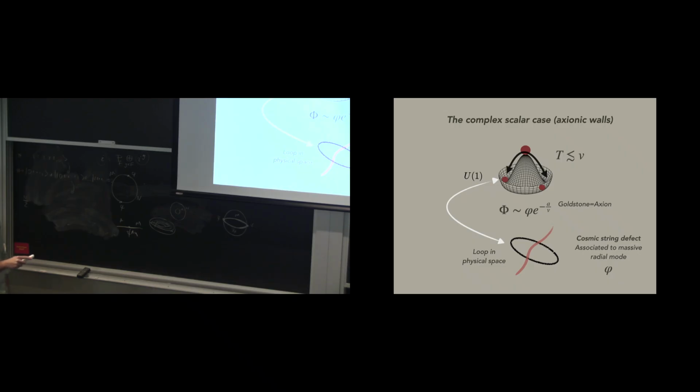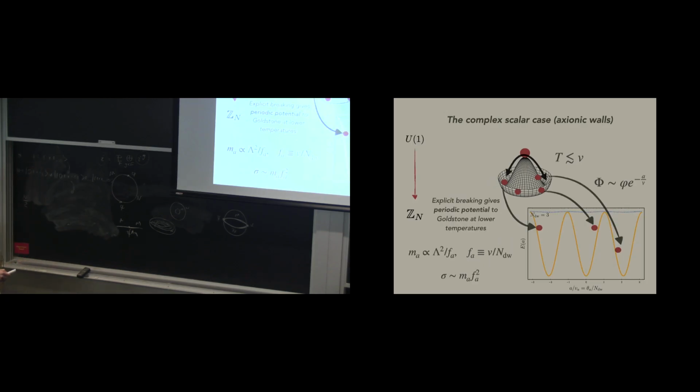In the case of the complex scalar, what you have is the same type of Kibble-Zurek mechanism by which now you populate the circle here. And this leads to the formation of string-like defects. So the spontaneous breaking of a global U(1) leads to this formation of global cosmic strings.